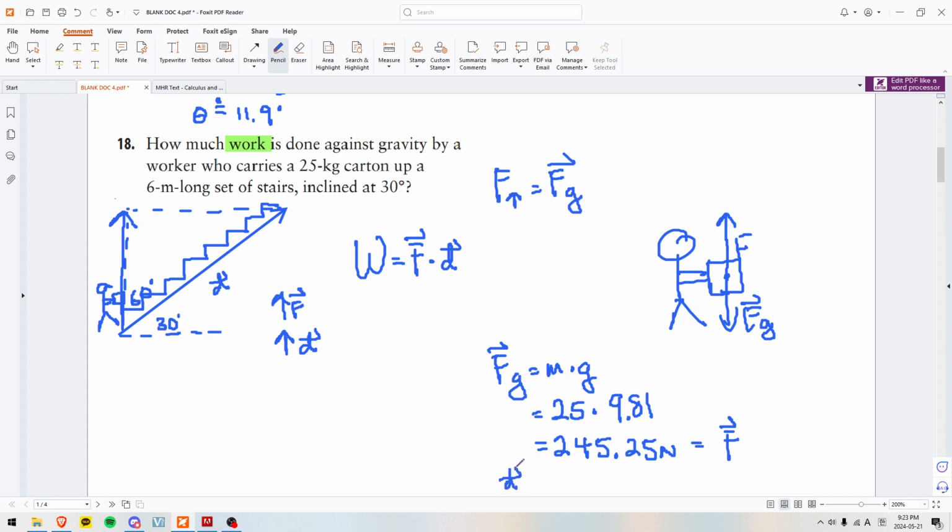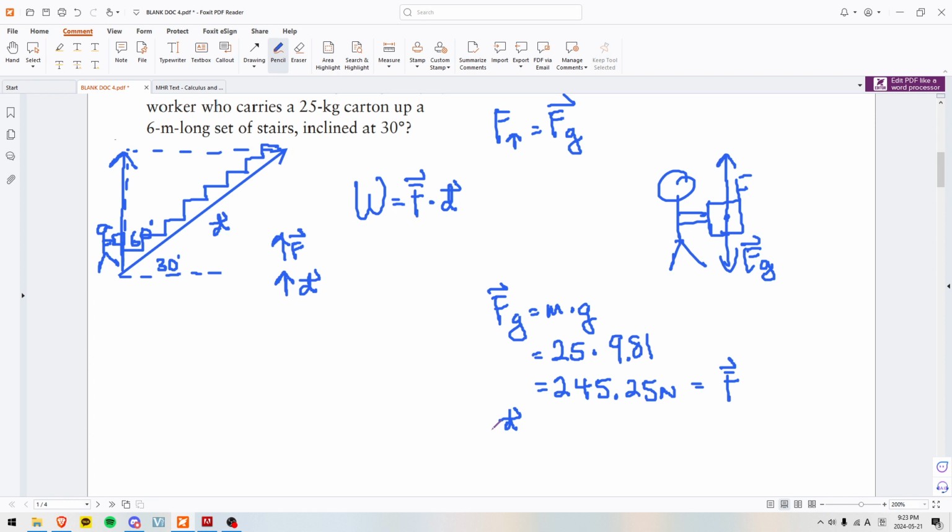My distance, well, it is 6 meters. However, I am interested in the vertical direction, and so I'll just use this 30. 30 degrees opposite over hypotenuse. Sine of 30 is equal to my height, let's say, over my hypotenuse, which is 6 meters. The height that I'm interested in, or the vertical distance that I am traveling.